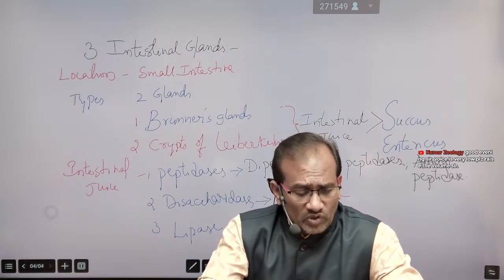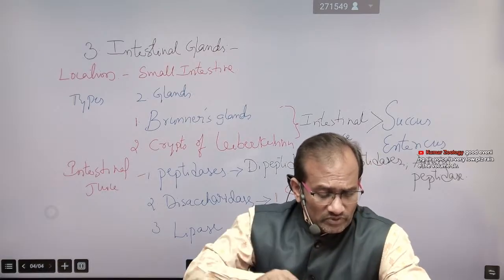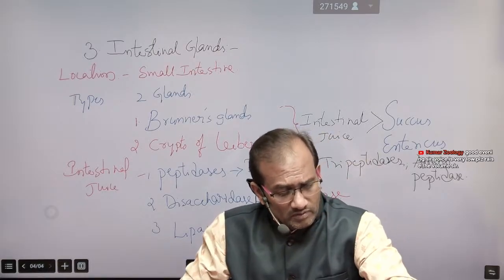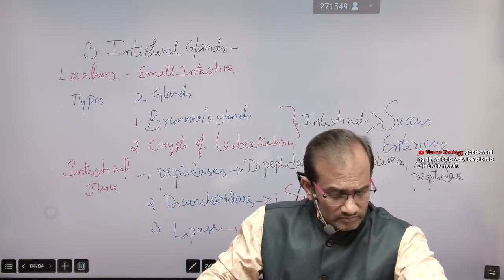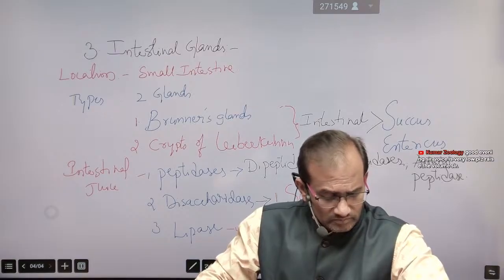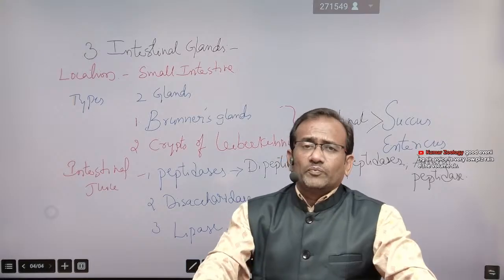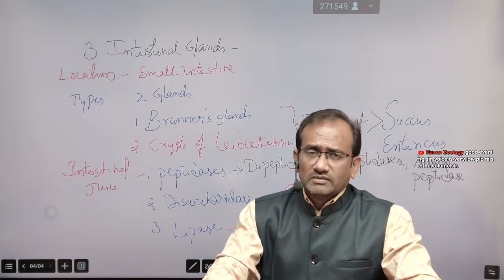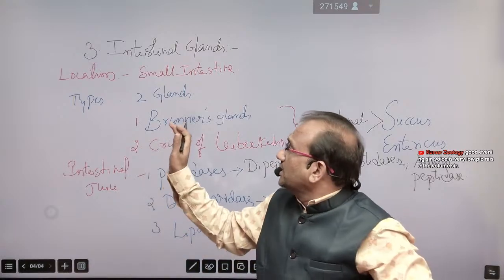Coming to our topic, we are discussing the human digestive system. The second part is digestive glands: salivary glands, gastric glands, and intestinal glands.